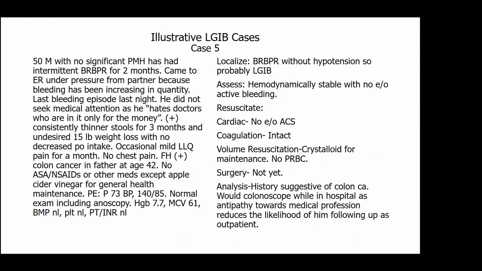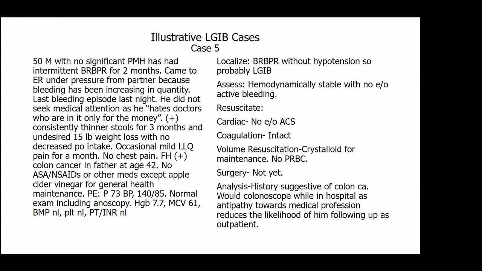Last case. So, this is a 50-year-old man with no significant past medical history who has had intermittent bright red blood per rectum for 2 months. He came to the emergency room under pressure from his partner because the bleeding has been increasing in quantity. His last bleeding episode was last night.